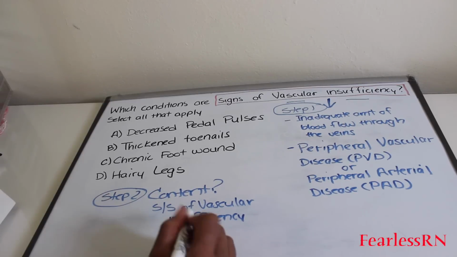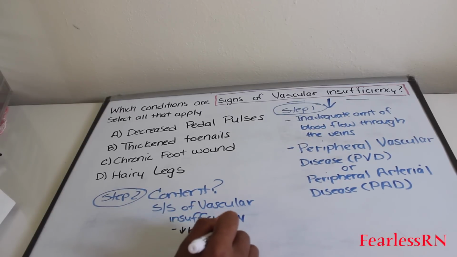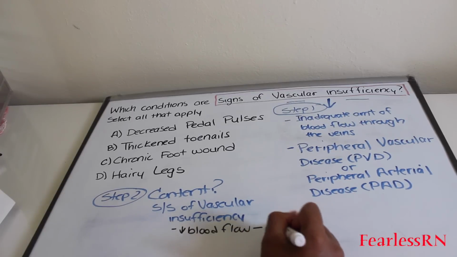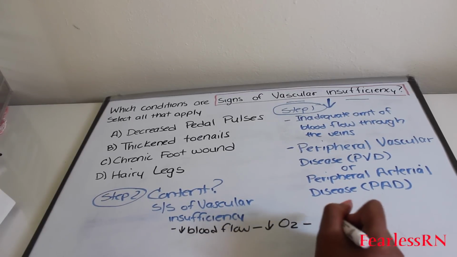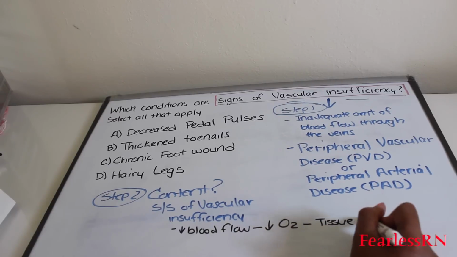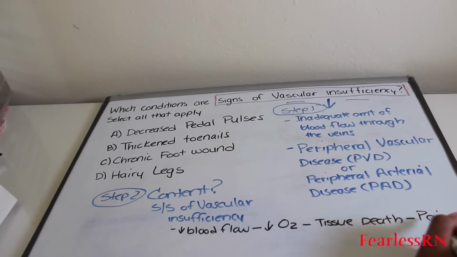Now with this, you know that there's decreased blood flow, right? So that will mean decreased blood flow leads to decreased oxygen, leads to tissue death, and pain is the result.